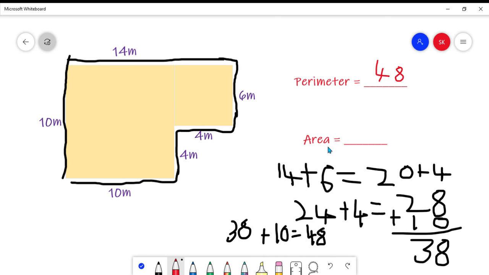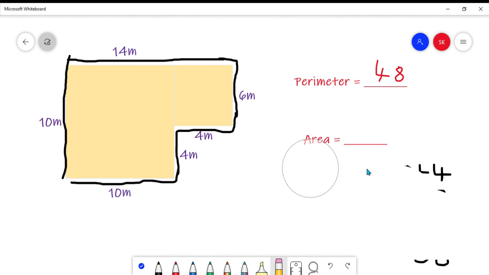Now, area is, we have to split the shape again. Same process.